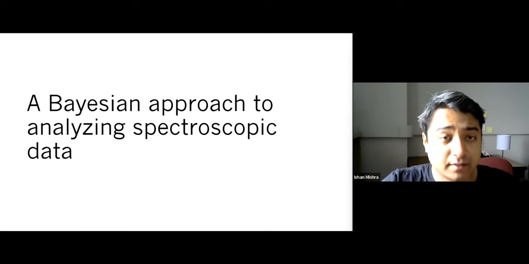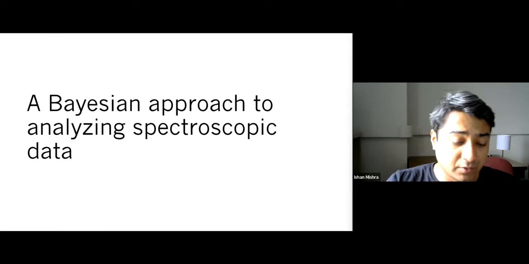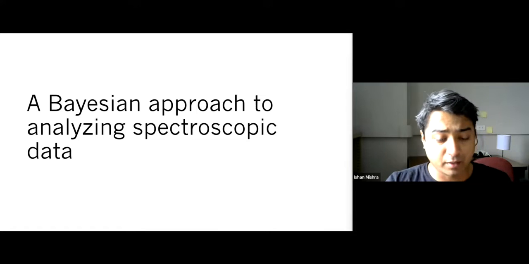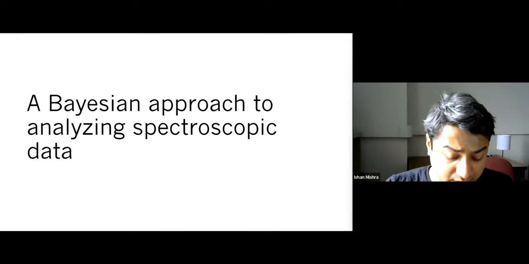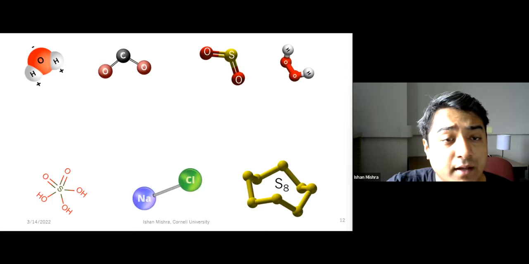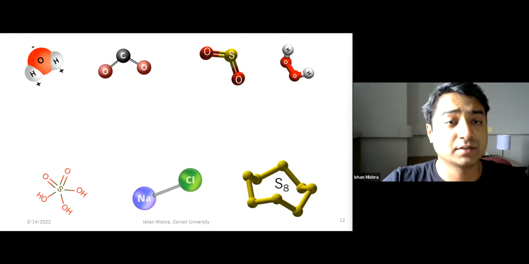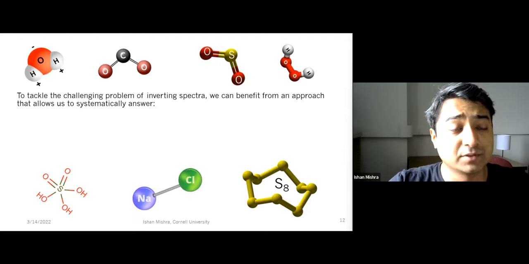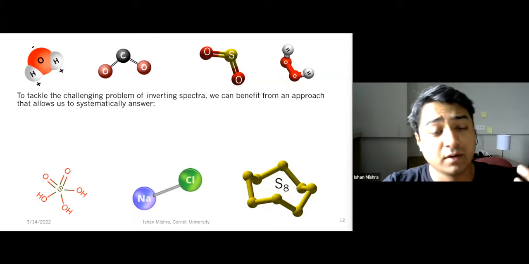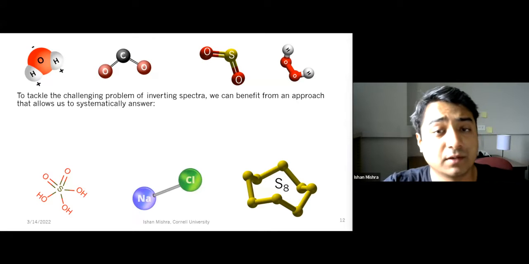Keeping all of that in mind, I'm now going to talk about an approach that can help tackle some of these problems, which is based in Bayesian statistics. The motivation for using this methodology comes from the goal to answer two fundamental questions.